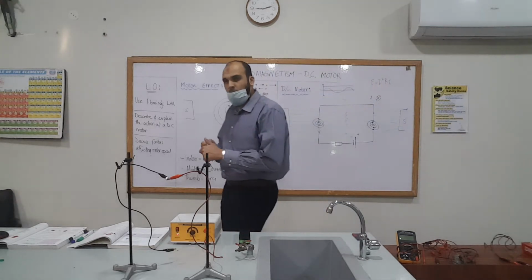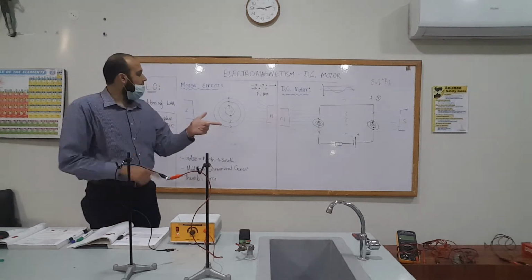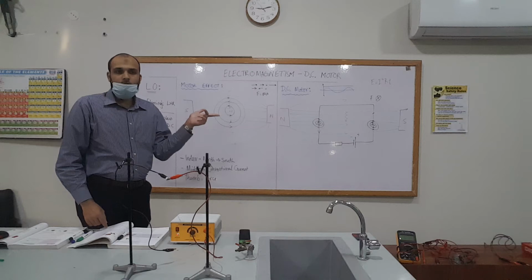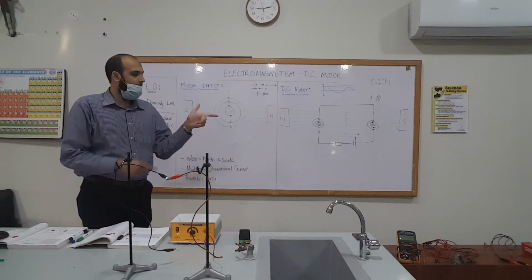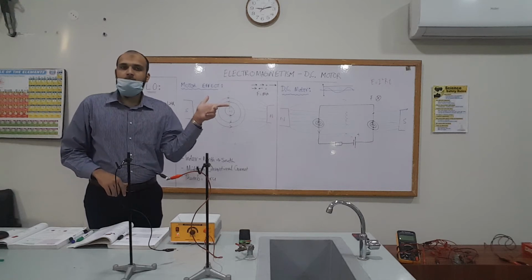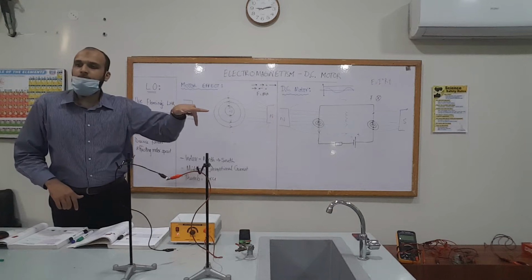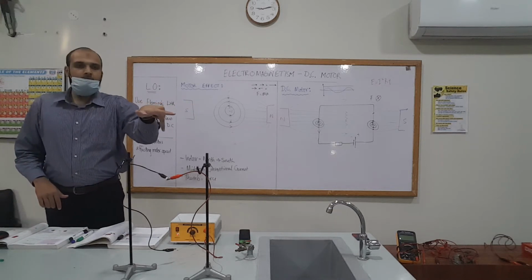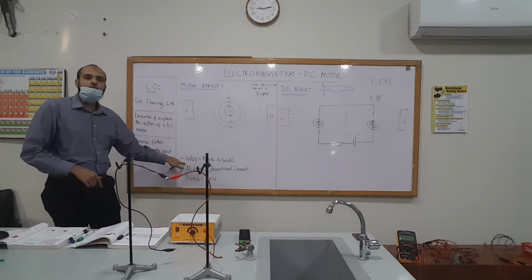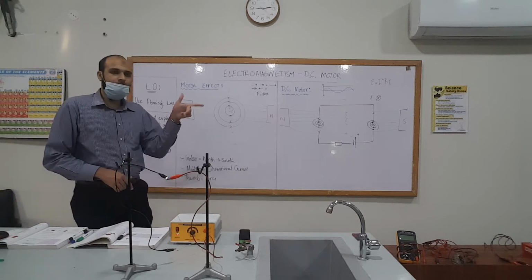Let's do that again with the black wire. You've got the north to south direction again. Now, where is the conventional current flowing? Down. So the middle finger should point down. The index finger points from north to south, meaning from left to right.